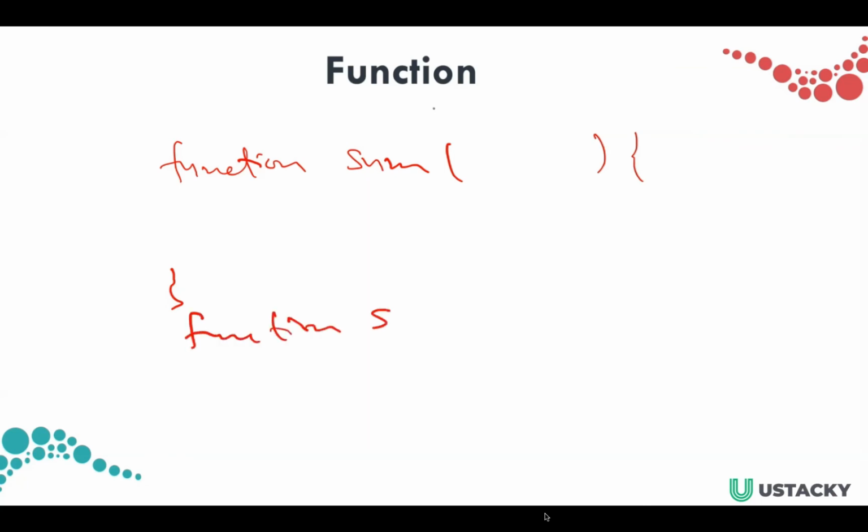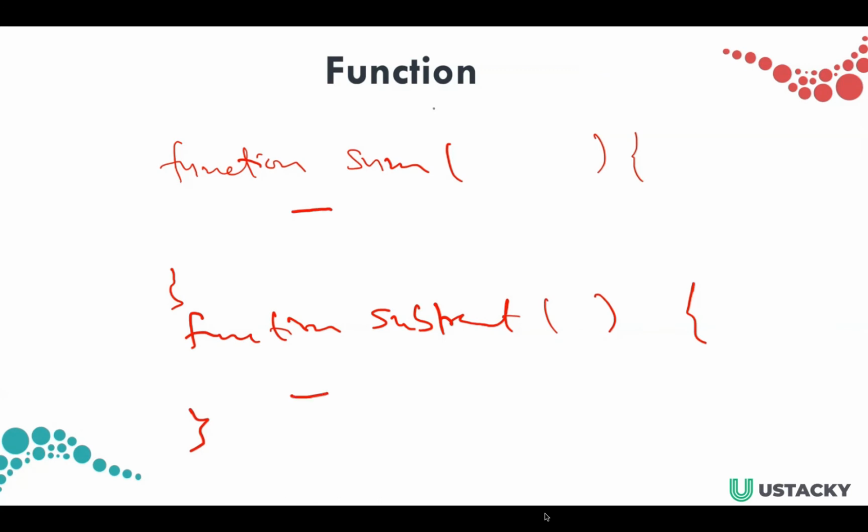But in some situations, you may like to access your variable in another context. For example, if you have a function which is sum, takes in some input. You also have another function which is subtract, that has some input values also. And you want a variable to be accessible here and here.